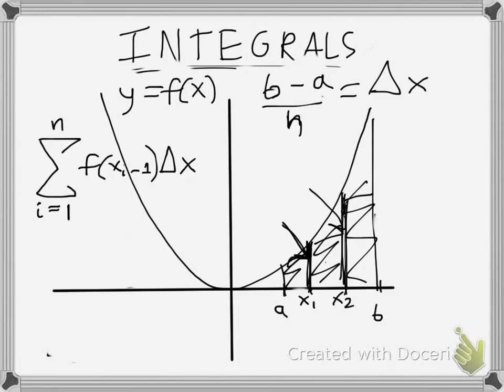Now delta x equals b minus a over n. So we're going to replace this with b minus a over n. What this means is we're adding up all of these things from i equals 1 to n.